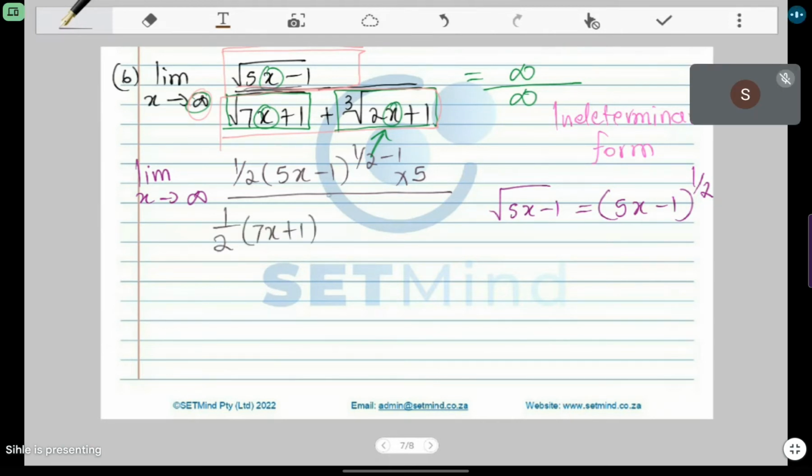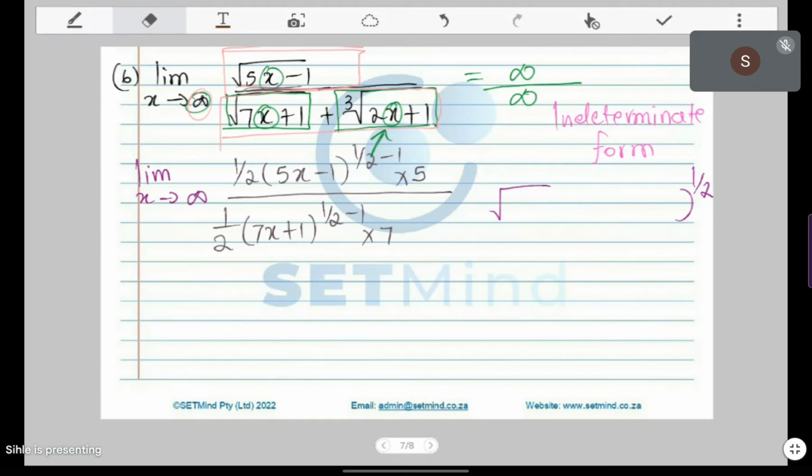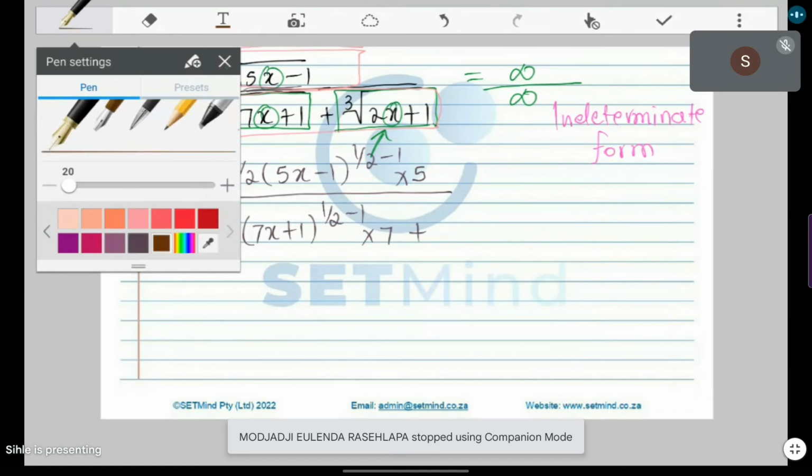7x plus 1 to the power of 1 over 2 minus 1, and then multiplied by 7. Chain rule again. We are deriving the inner part. 7x plus 1, if we derive, you will get a 7. Cool. And then we come to the next term here, still in the denominator.